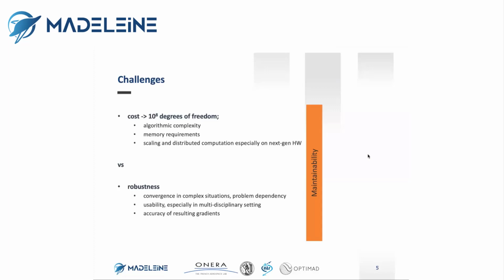Classical x86-based CPU architecture is still dominant, but more and more HPC machines are equipped with accelerators, GPUs, and making all this development compliant with this hardware is a big issue. And we tried to address this aspect also in Madeleine.